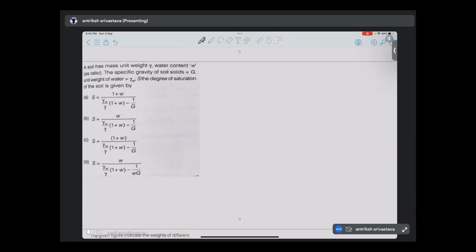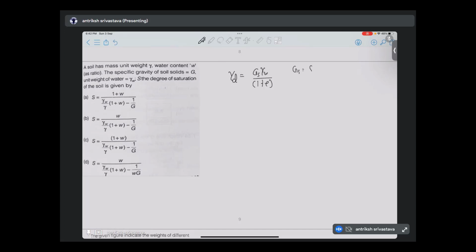Now, in effective stress and soil characteristics, a lot of times we are asked to calculate the gamma, the unit weight. I want you to remember only three formulas using which you can calculate all these questions related to the unit weight. The first one is the dry unit weight, that is Gs gamma w by 1 plus e.